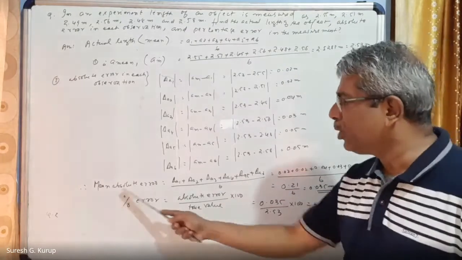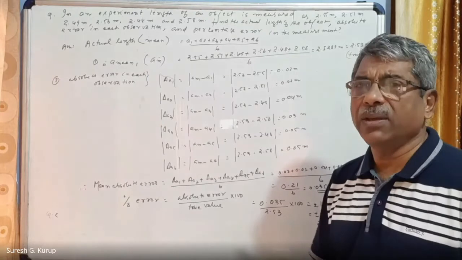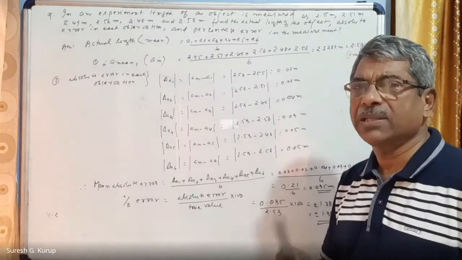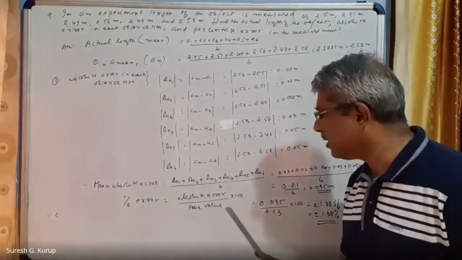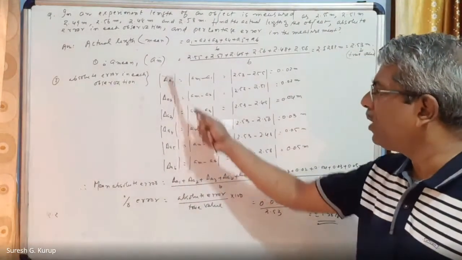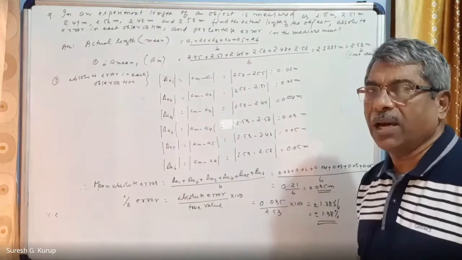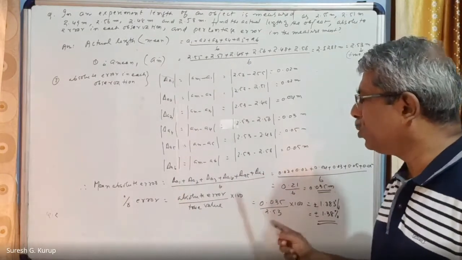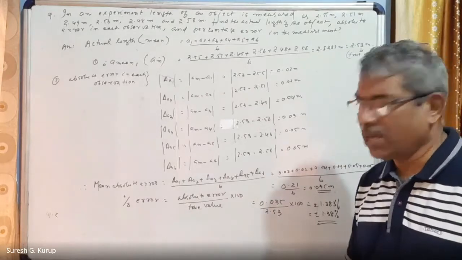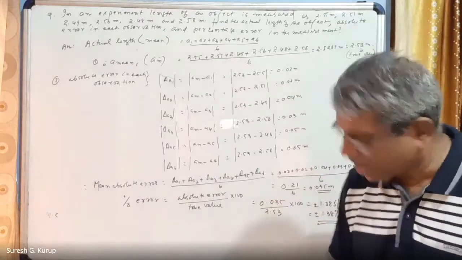Then the mean absolute error is calculated. The mean absolute error, you can write as delta A mean or simply delta A. All the values of the absolute errors of each observation are taken, and now the mean of those is taken. That's called the mean absolute error. You call it delta A or delta A mean.